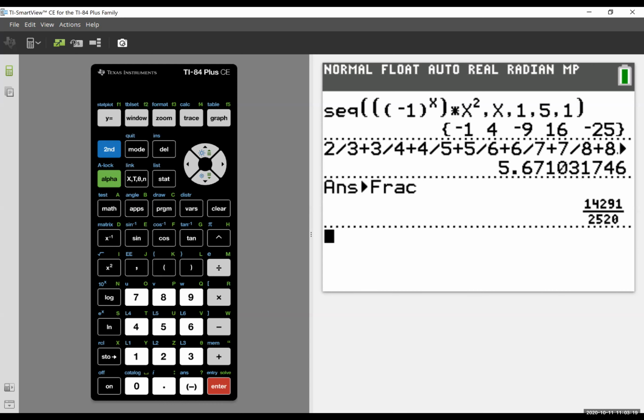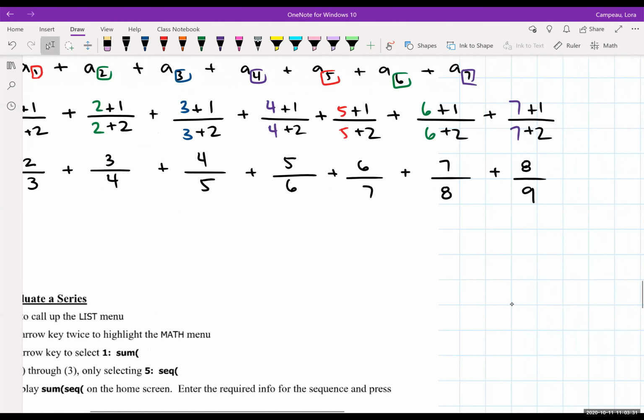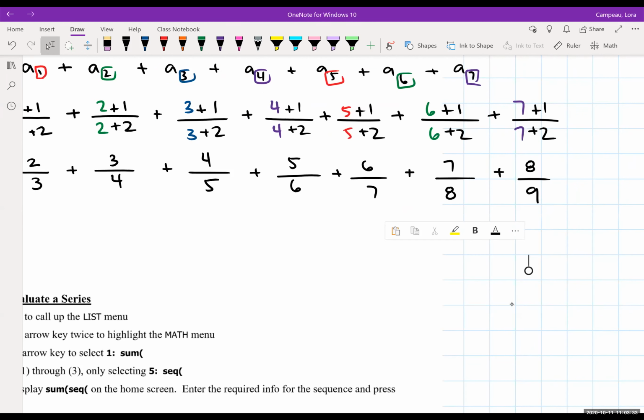So I will copy it over just so that I can see it, and copy it off to the side so I can understand what I just found.